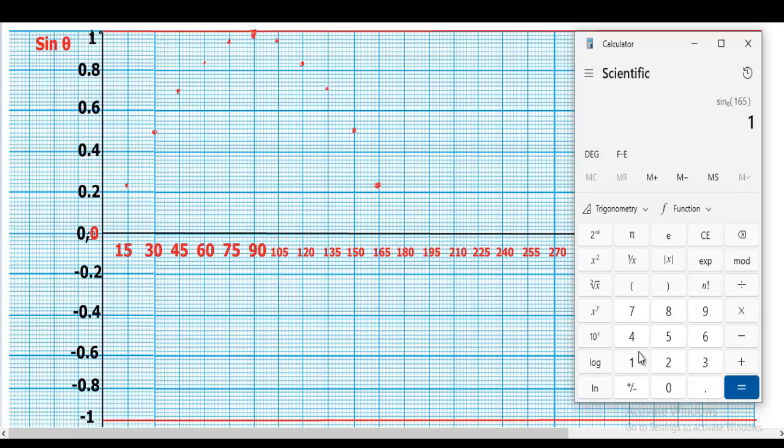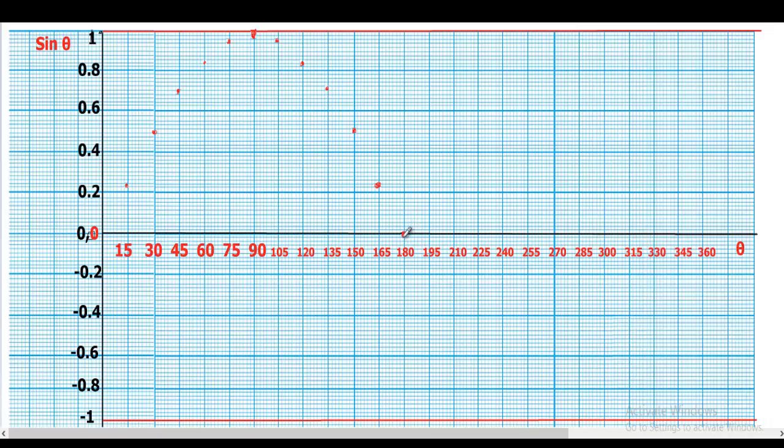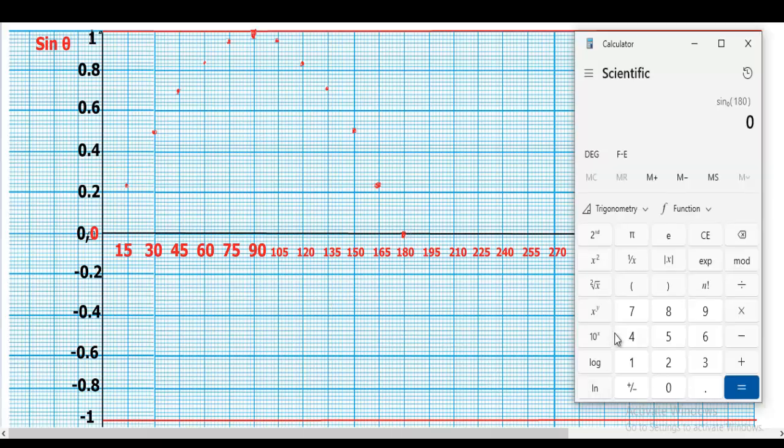Sine 180, as we know also, will be 0, so this is sine 180. Let's continue. Sine 195 will be negative 0.25, so it will have a negative sign. Sine 195 will be negative 0.25 approximately here.